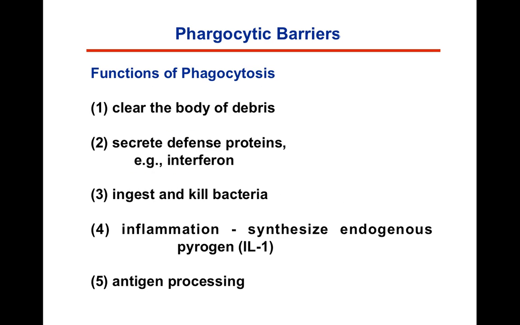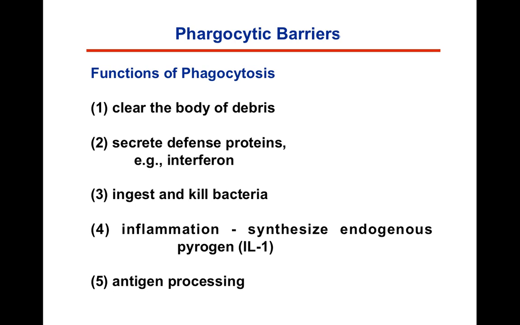The functions of phagocytosis are several. One is, as I mentioned, to clear the body of debris, to take it in and get rid of it, so that it can be catabolized into new proteins, nucleic acids and lipids. Secretion of defense proteins like interferons, as we've seen. Ingestion and killing of bacteria, so they have a strong antibacterial effect.